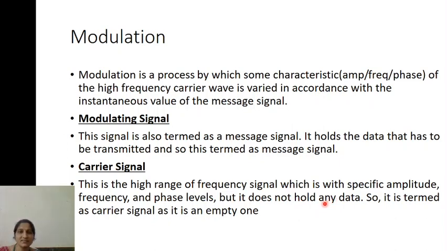The signal which holds the data is called the modulating signal, while the signal which does not hold any data and is used for transmission purposes is known as the carrier signal. The carrier signal is also called an empty signal because it does not have any information.